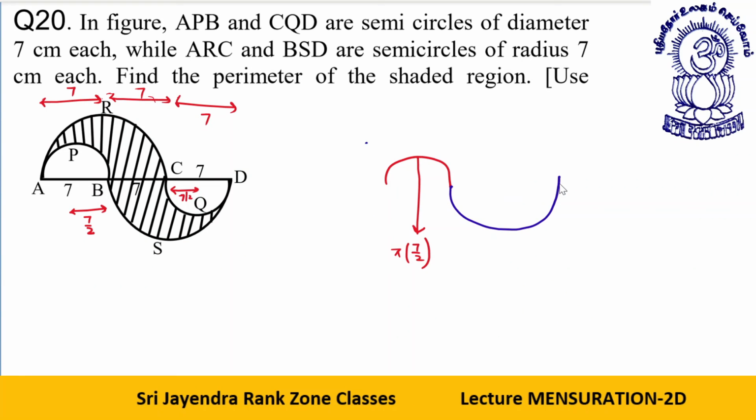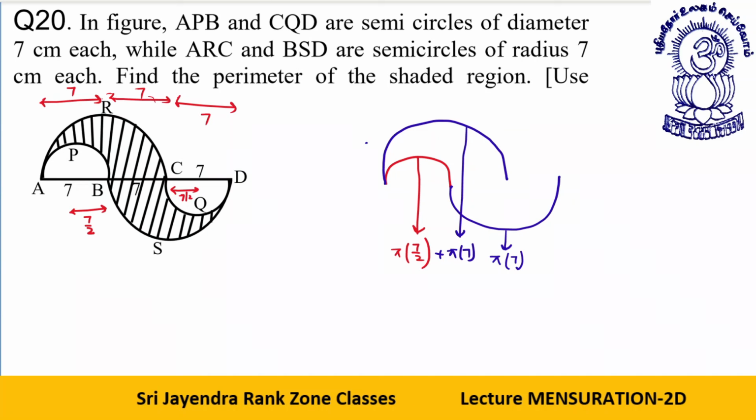Here the radius is 7, so the perimeter will be pi r, pi into 7. Then I take the above portion, the perimeter will again be pi into 7.